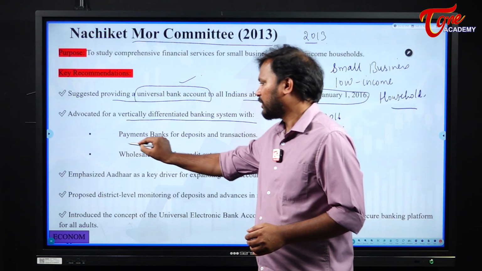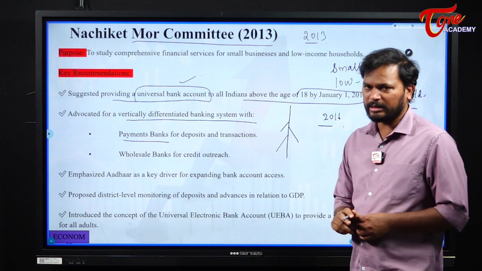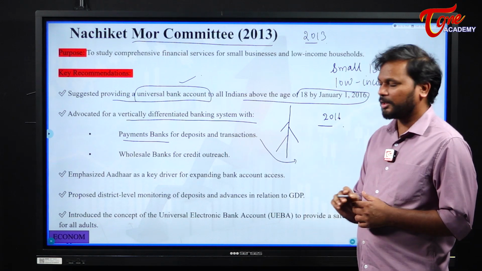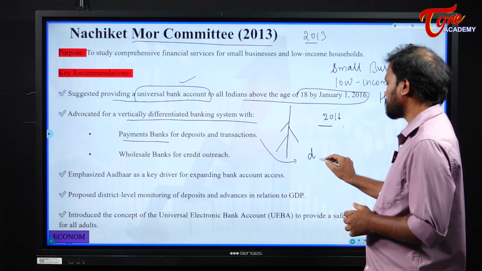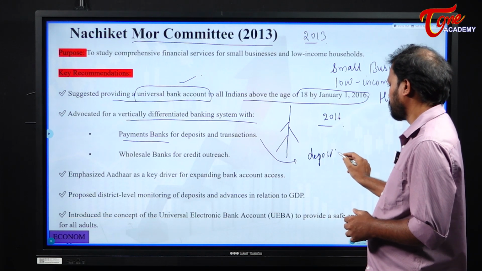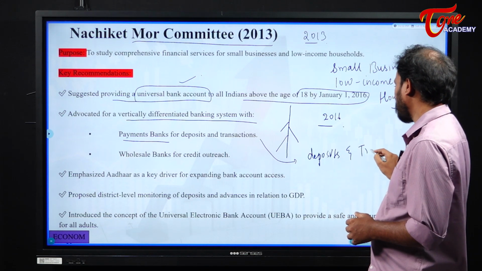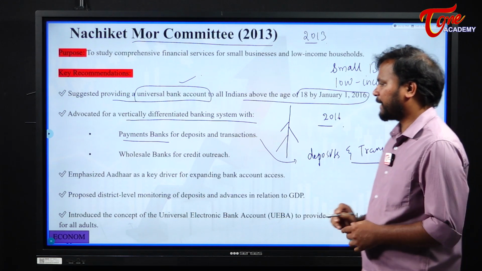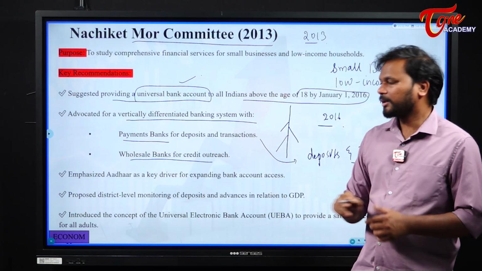The first one is the payment banks. The payment banks will be formed in order to facilitate deposits and more transactions. Next, we have the wholesale banks for credit outreach.